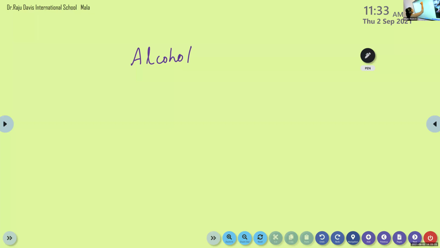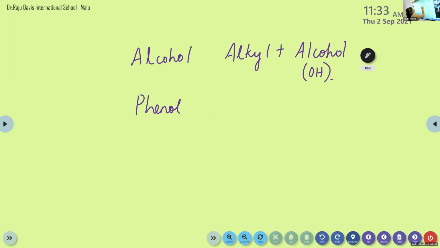In alcohol, there is one alkyl group plus an OH group, and in the case of phenol, there is one aryl group plus an OH group.